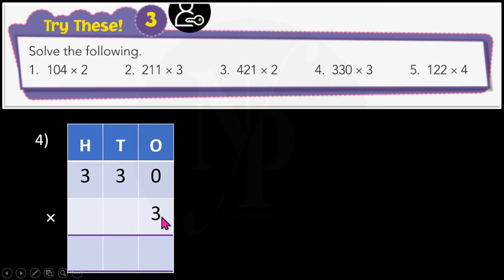So we get 0 at ones place here. And then in the tens place we have 3, which represents 30. So multiplying 30 by 3, we get 90. 3 3s are 9. So it is in tens place, it becomes 90. So we write 9 in tens place.